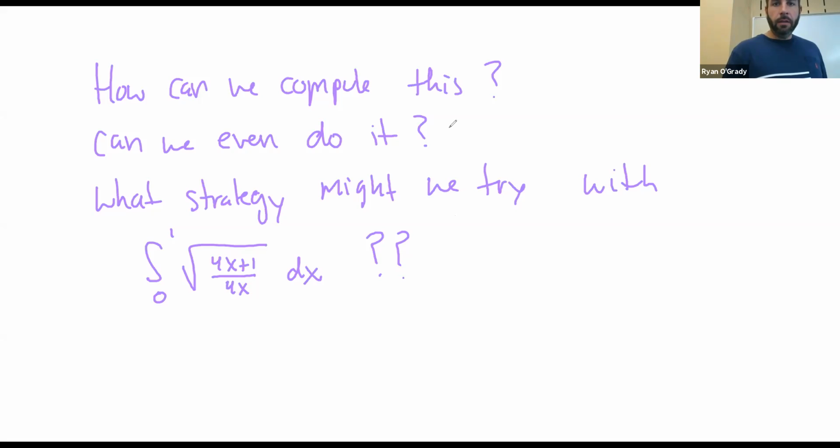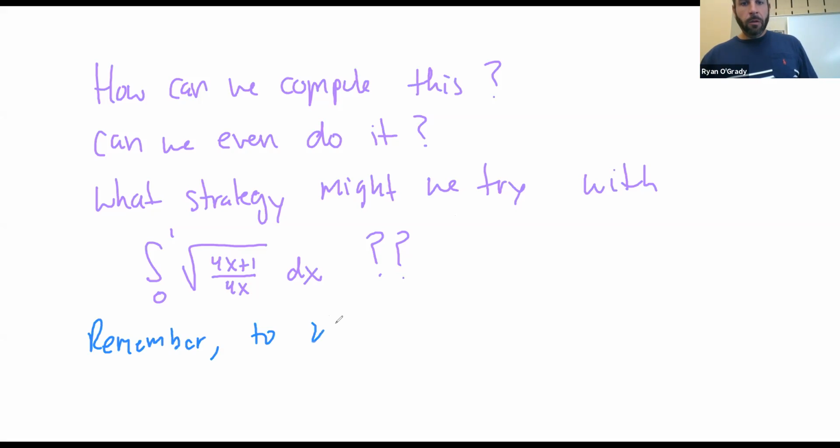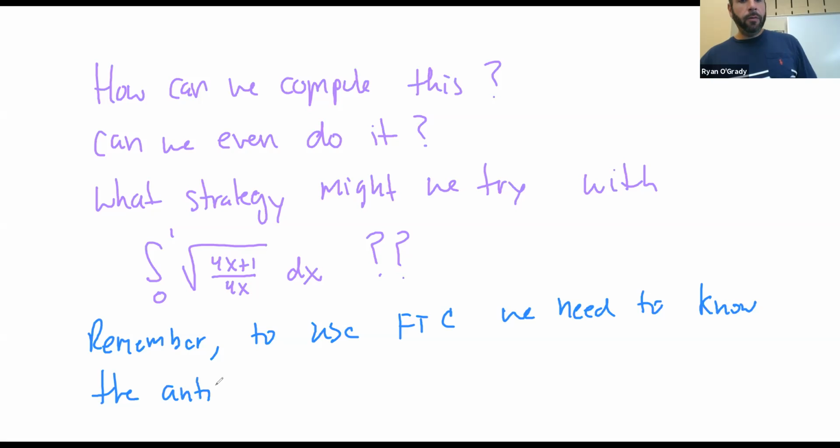So let's remind ourselves, to use the fundamental theorem of calculus, we need to know the antiderivative of this scary function.